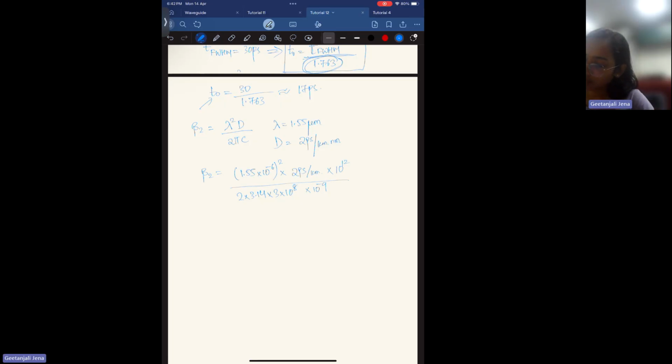So this will come around 2.55 picosecond square per kilometer.